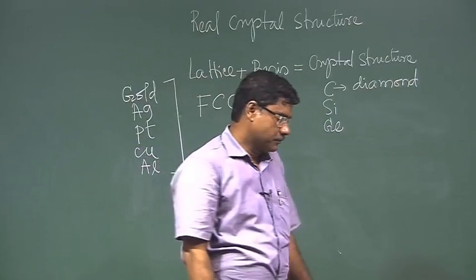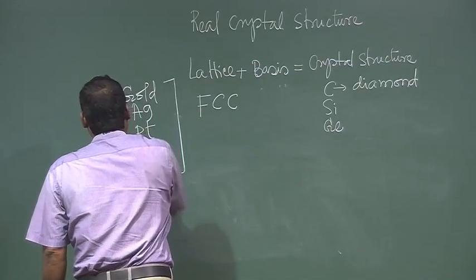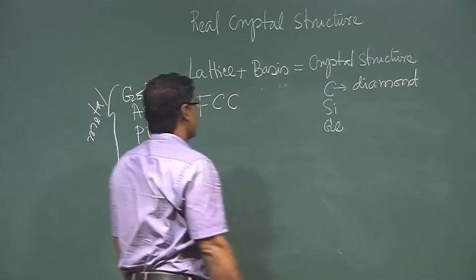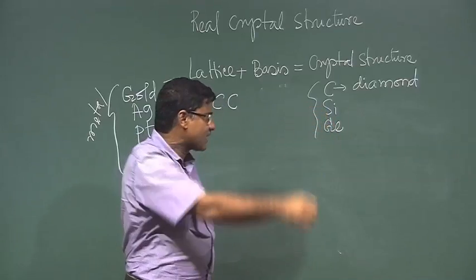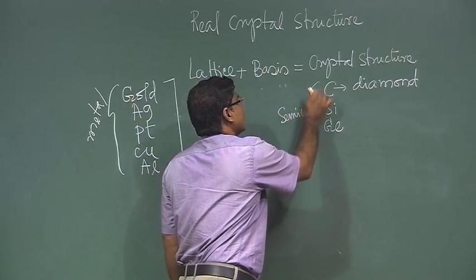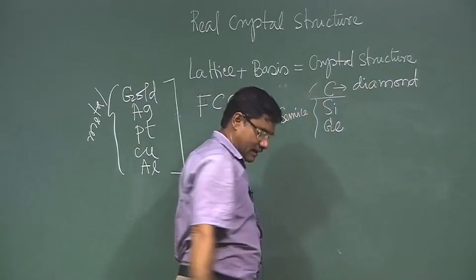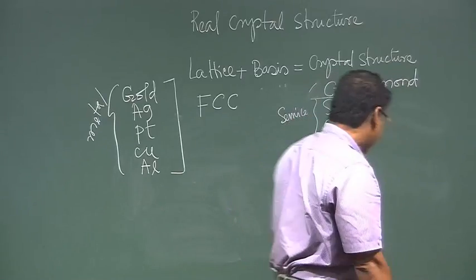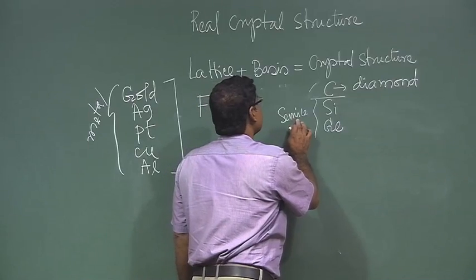So, again, all these materials, as I told, these are basically metals, and these are basically semiconductors. So, carbon in diamond form is not a semiconductor. So, rather than carbon, this silicon, germanium is basically a semiconductor.